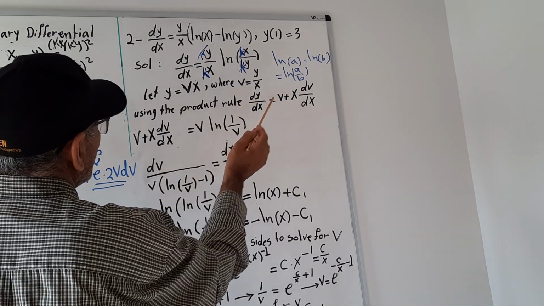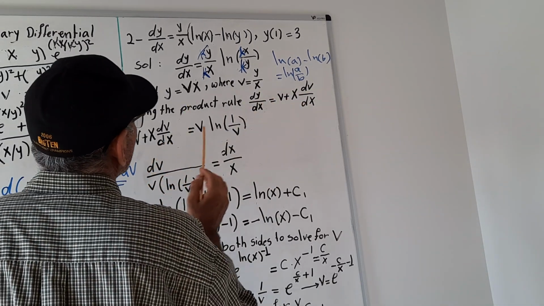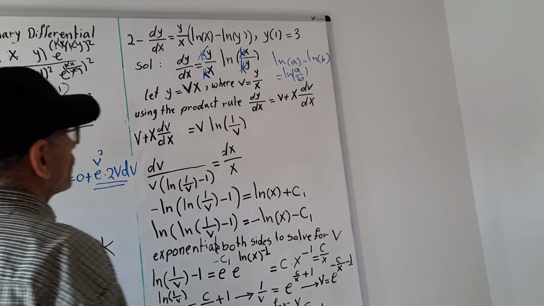dy over dx equals v plus x dv over dx. And then let's say this is equation 1.